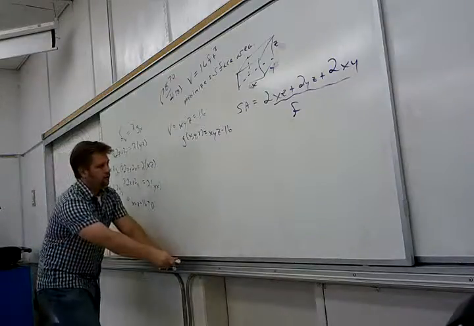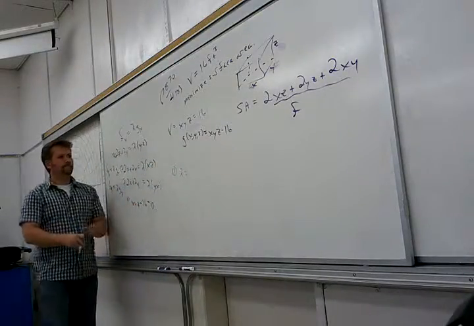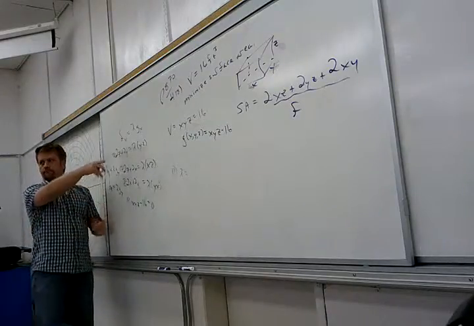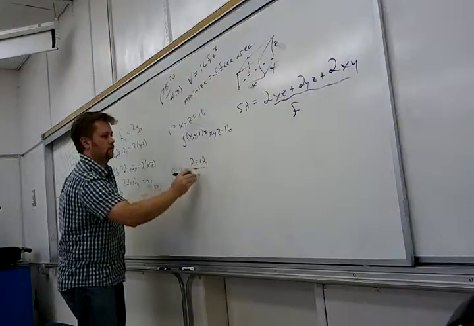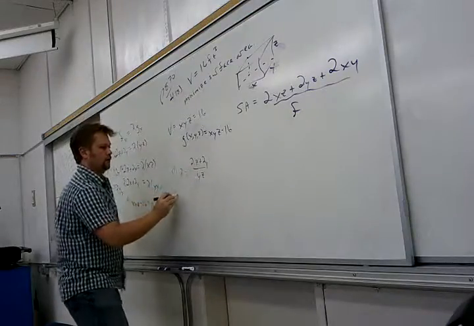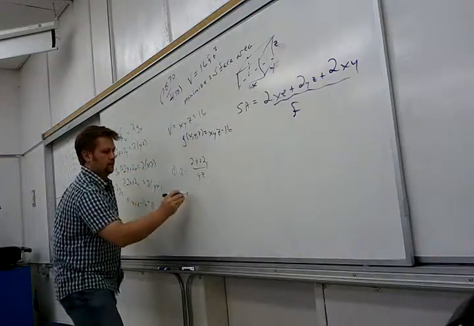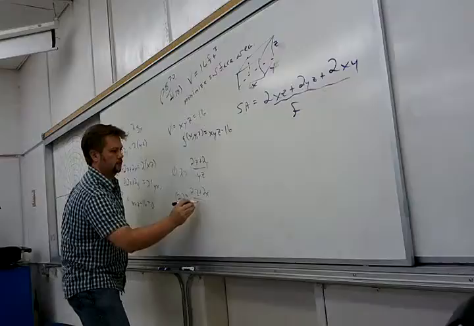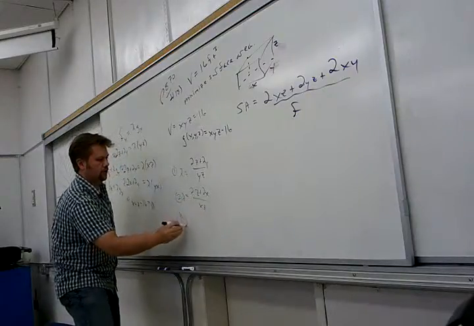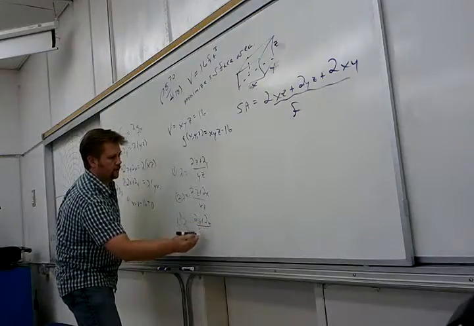If I solve 1 for lambda, I get 2z plus 2y over yz. If I solve 2 for lambda, I get 2z plus 2x over xz. Solve 3, I get 2y plus 2x over xy.